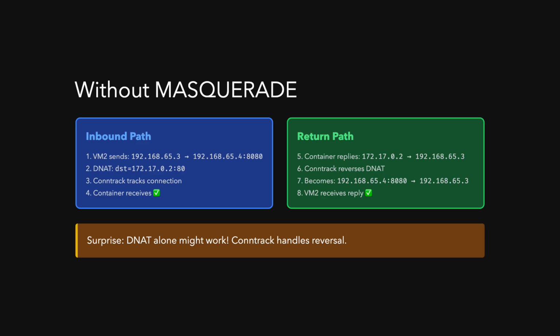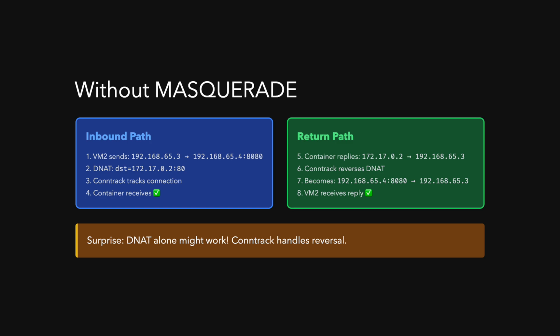On the return path, the container replies to VM2 with the source being its own IP address, and conntrack recognizes this as a reply packet and automatically reverses the DNAT, so the packet has source VM1 and destination VM2, and VM2 receives the correct reply.